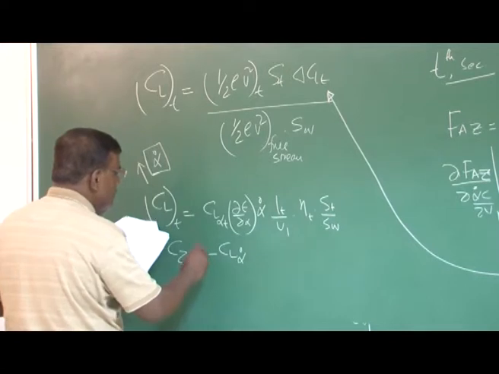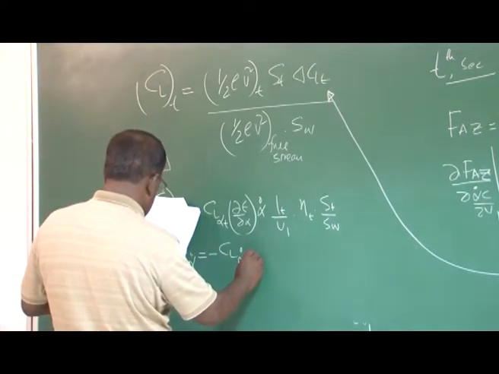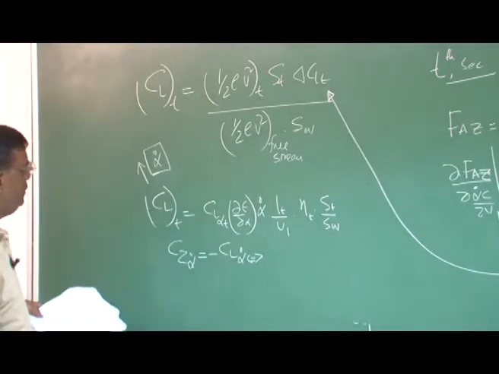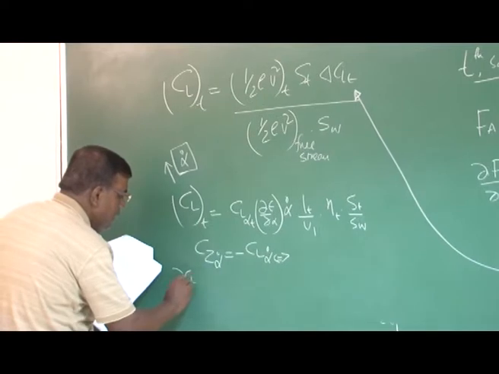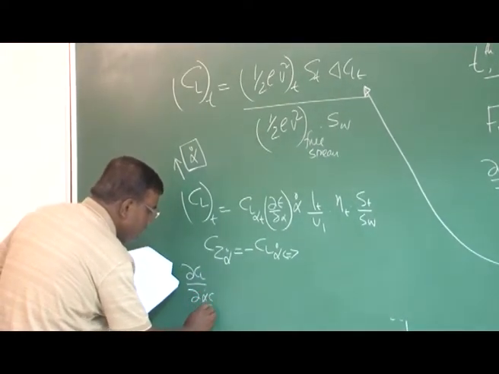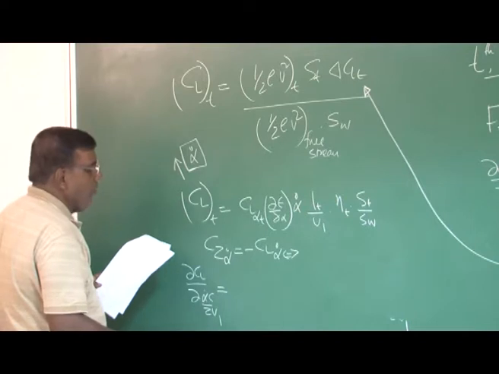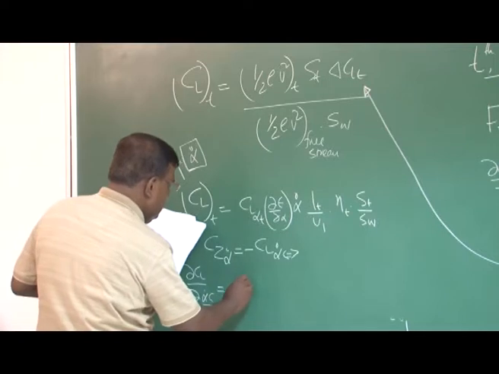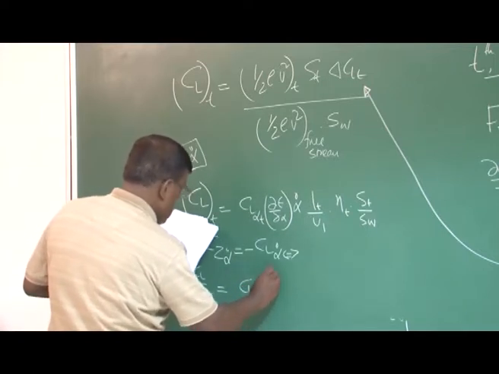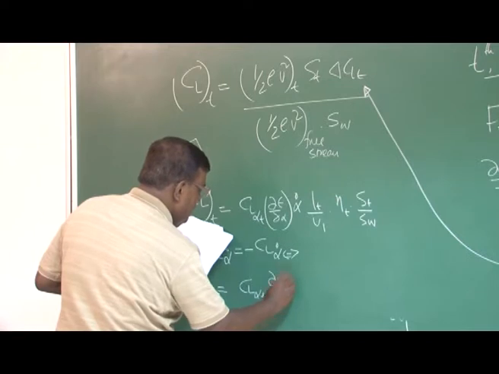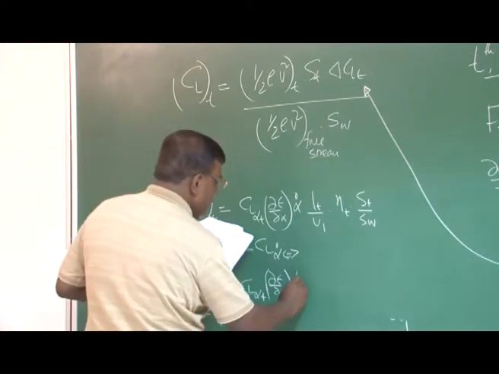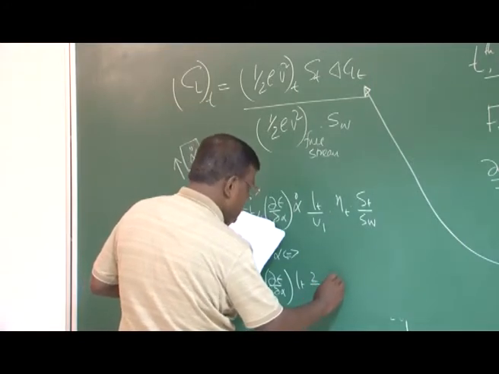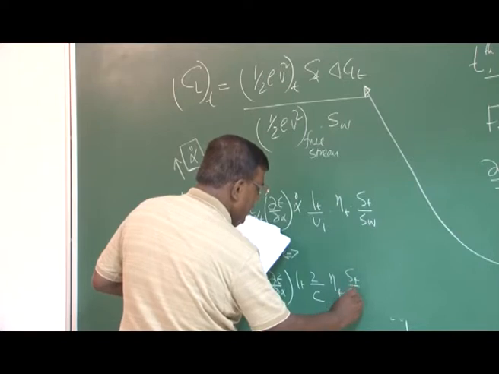CL alpha dot. So, this will be equal, and I can differentiate this to get dCL by d alpha dot c by 2 u1 as CL alpha tail into d epsilon by d alpha into LT 2 by C into eta T ST by SW.